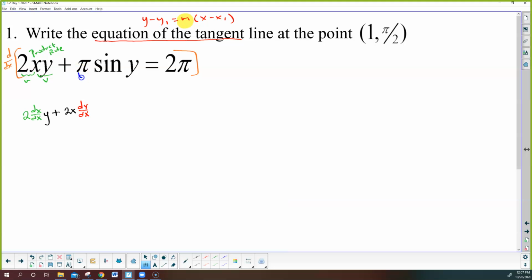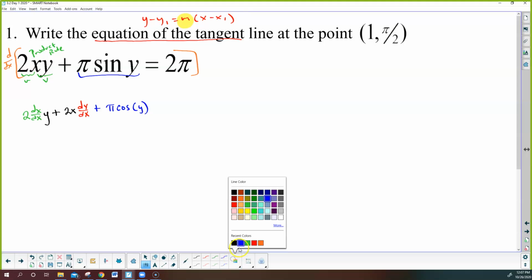And then I have to take the derivative of pi times sine of y. Notice pi is a constant, so that's going to stay. The derivative of sine is cosine. We're going to keep the middle, and we have a chain rule here, because what's the derivative of y?